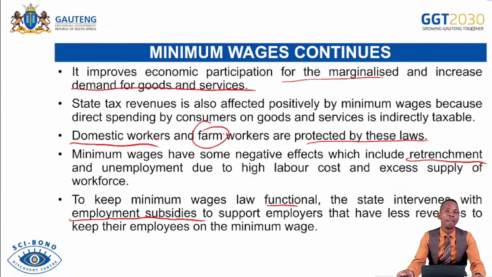For instance, maybe the employee was earning 2,000 per month, and then the state intervened by legislating a 3,500 minimum wage. That will simply mean the firm might complain to say, we cannot afford to pay all of these workers 3,500, we can only afford 2,000. And then what should be done? The government might intervene by providing employment subsidies and say, okay, you provide the 2,000, I will provide 1,500 per worker.